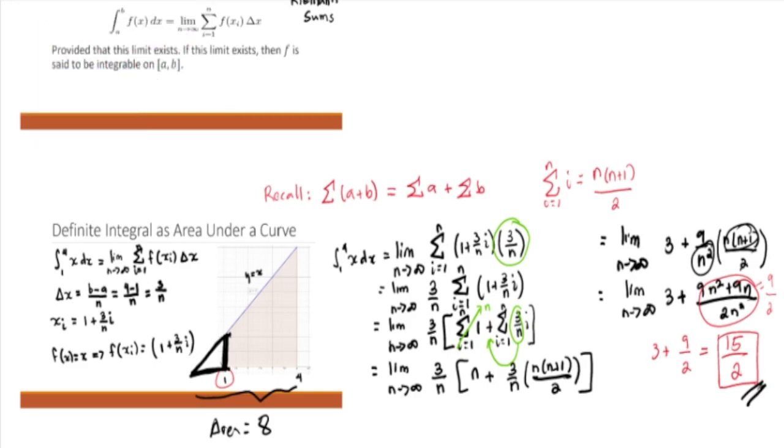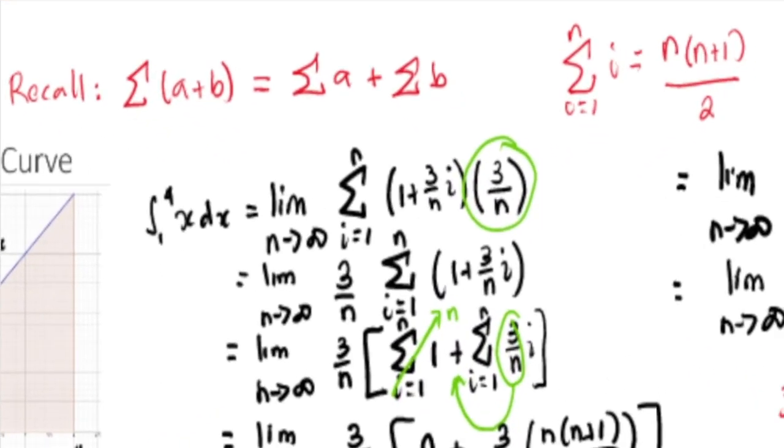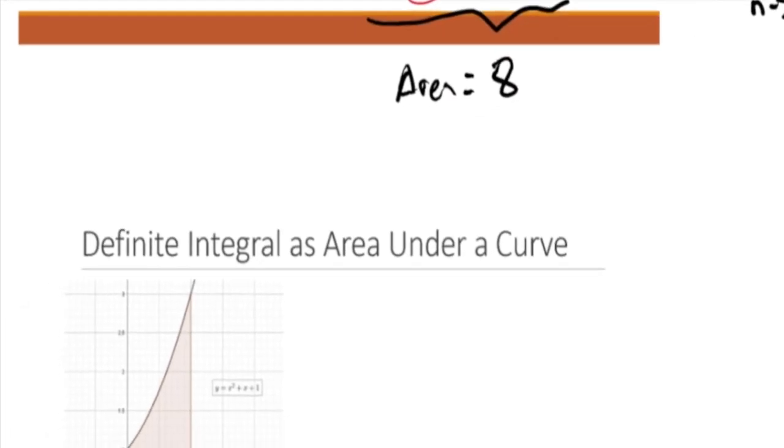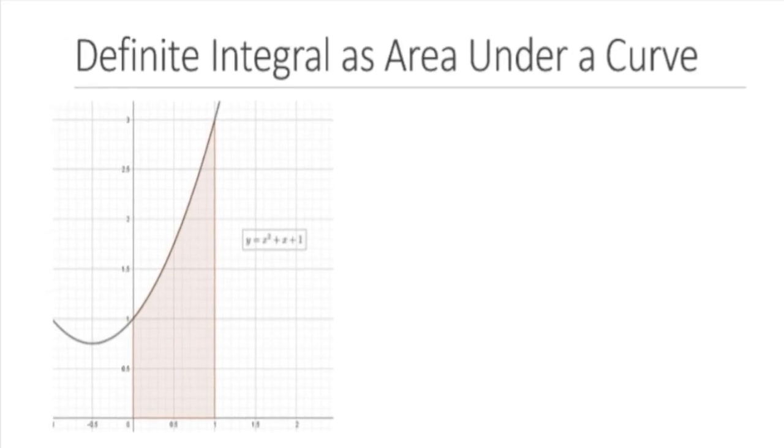Okay, now let's have one last example for Riemann sums. Suppose we have this area or this region that is y equals x squared plus x plus 1. And we want to find the integral from 0 to 1 of this function.